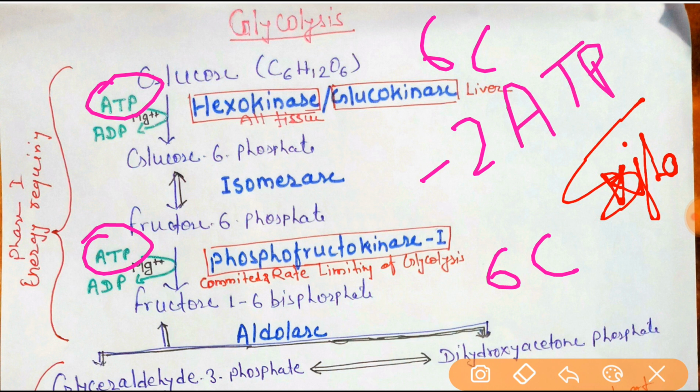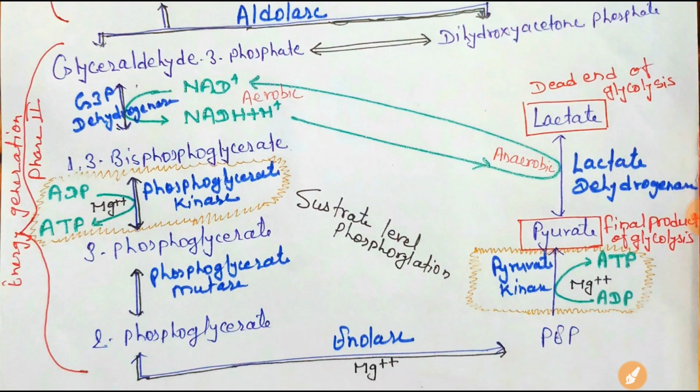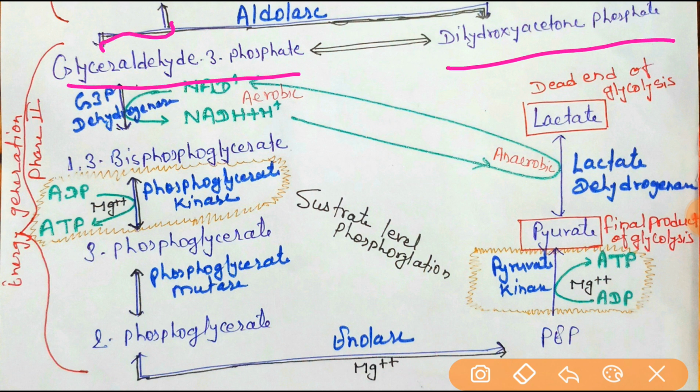And in the next step, when it splits to glyceraldehyde 3 phosphate and dihydroxyacetone phosphate, there is formation of ATP, 1 ATP and here 1 ATP.